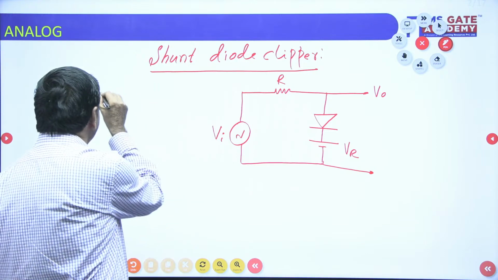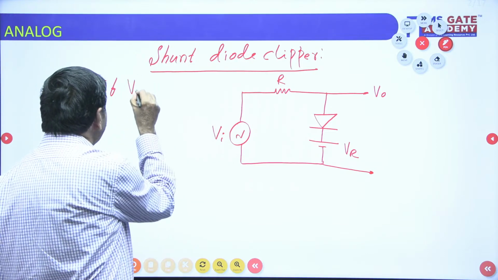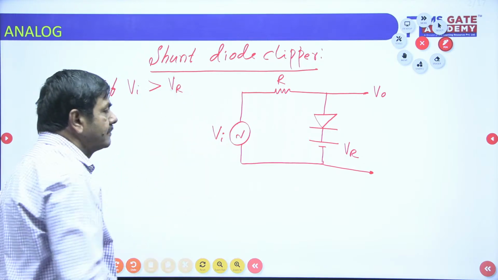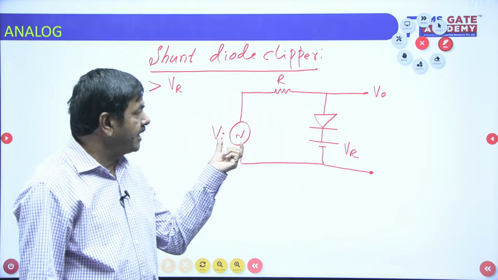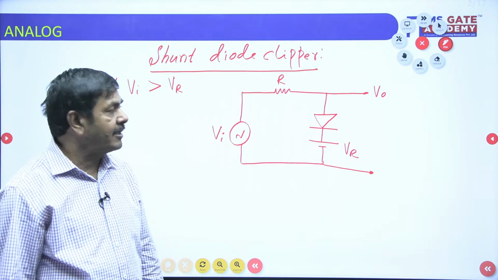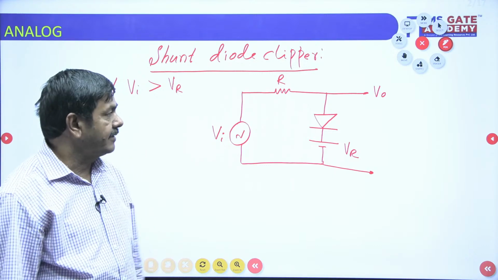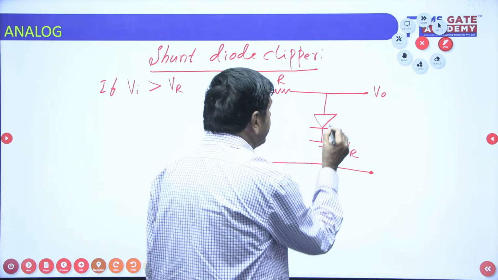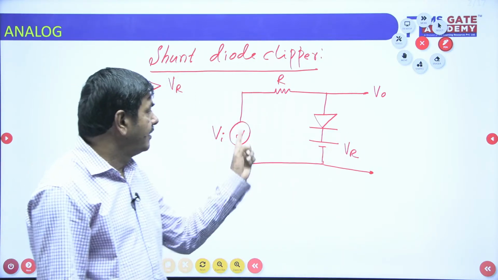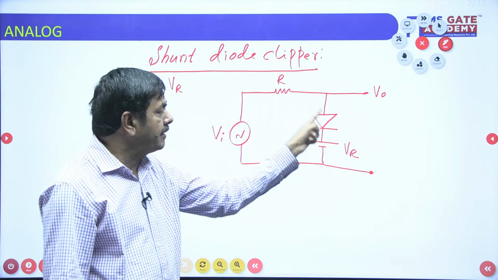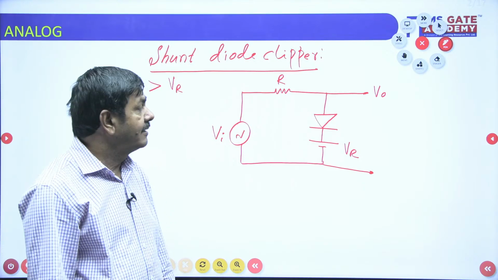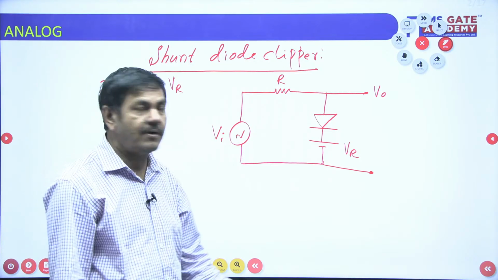Suppose Vi is greater than Vr. This input voltage is greater than this Vr. Now you identify whether the diode is forward biased or reverse biased. The p-type material is the side without the line; the line indicates n-type material. Higher potential is connected to the p-type material, lower potential to the n-type material. Then the diode is forward biased.